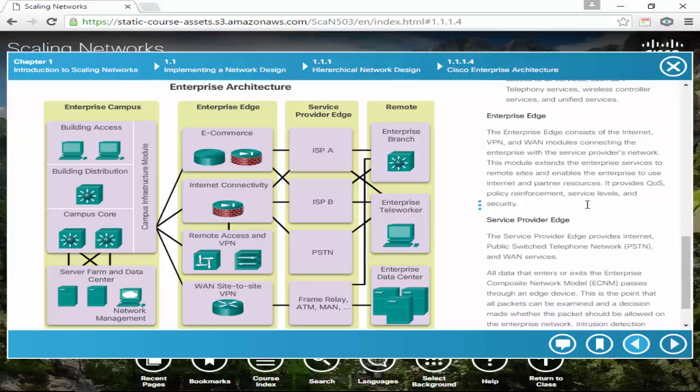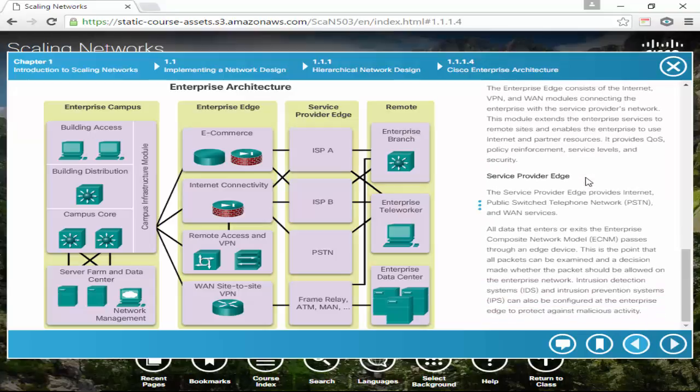The enterprise edge consists of the internet, VPN, and WAN modules connecting the enterprise with the service provider's network. This module extends the enterprise services to remote sites and enables the enterprise to use internet and partner resources. It provides QoS policy reinforcement, service levels, and security. Okay, well, I guess I said that.